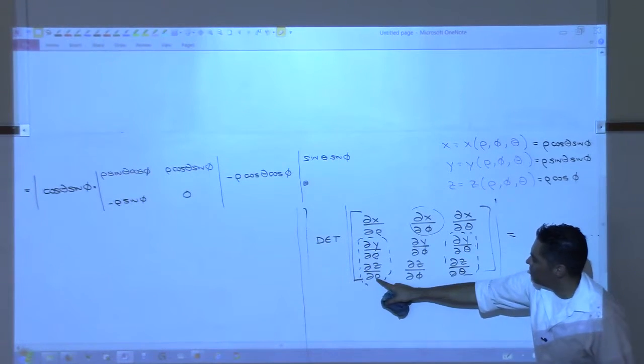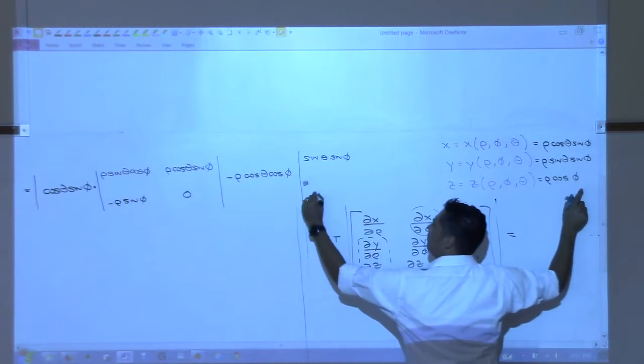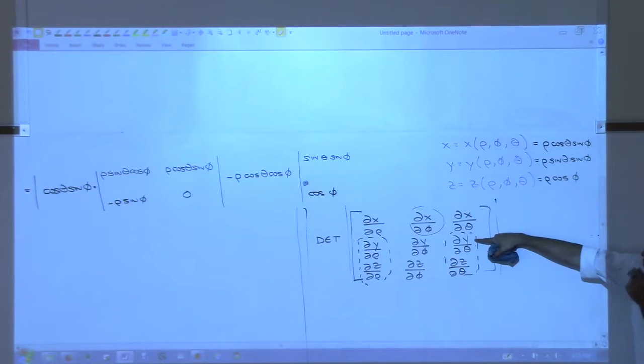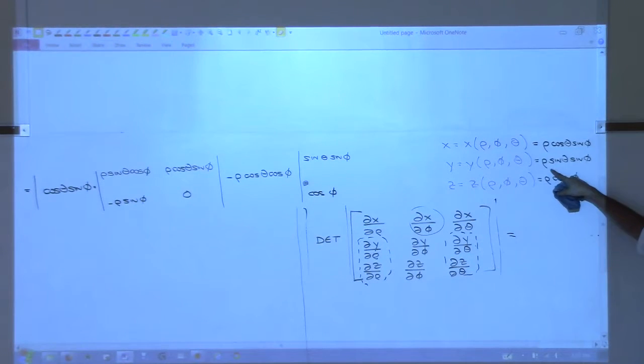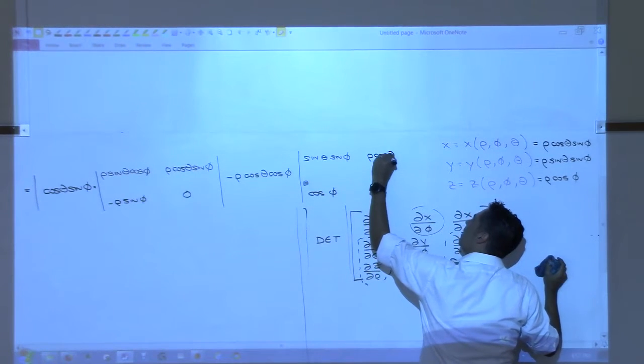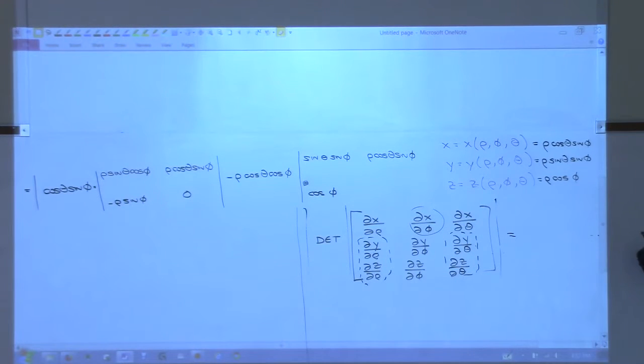Partial of z with respect to rho, cosine phi. Okay, do this one. Partial y with respect to theta, rho cosine theta sine phi. Please pay attention, because if I screw one thing up, it's over. Partial of z with respect to theta, 0.